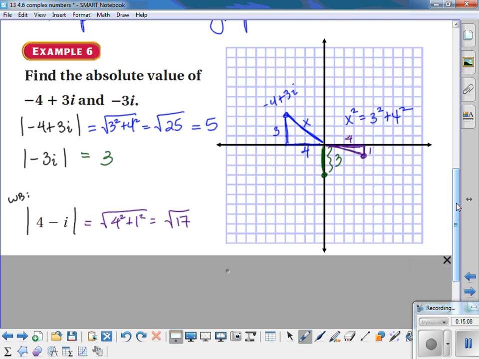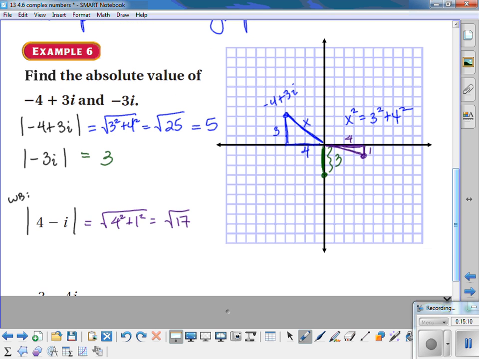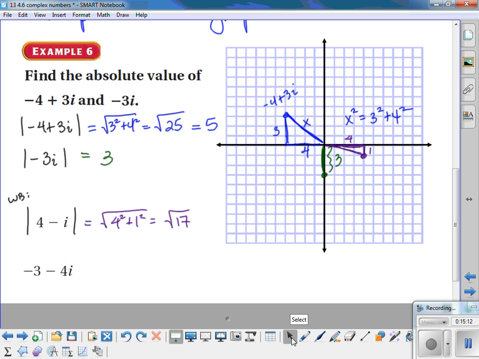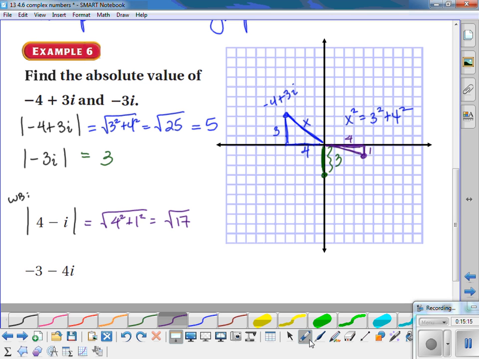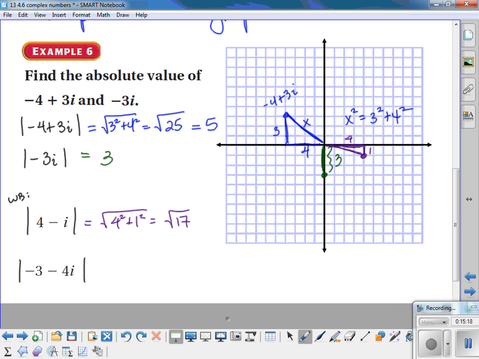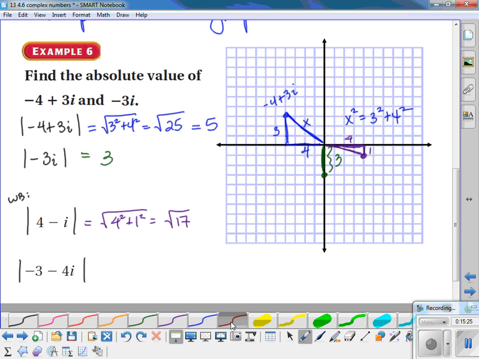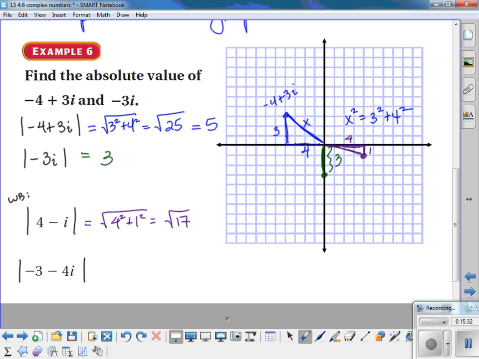All right, let's do one more because I feel like you guys aren't totally comfortable with this. How about this one? Okay, so if we plot negative 3 minus 4i, that means I'm going backwards 3 in the horizontal direction.